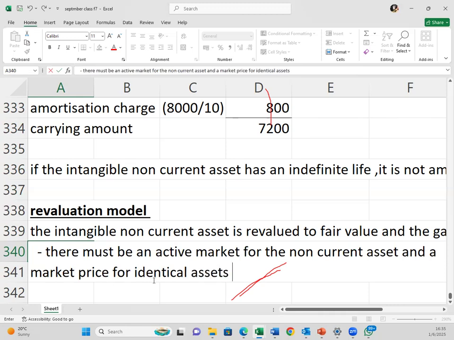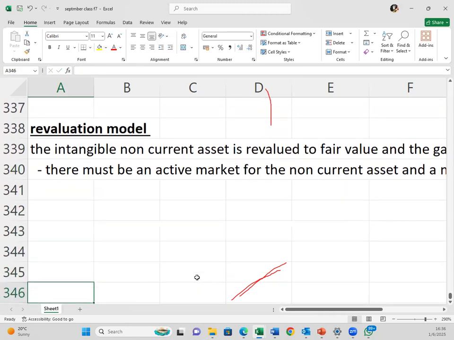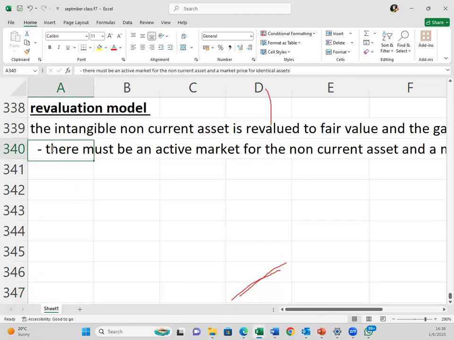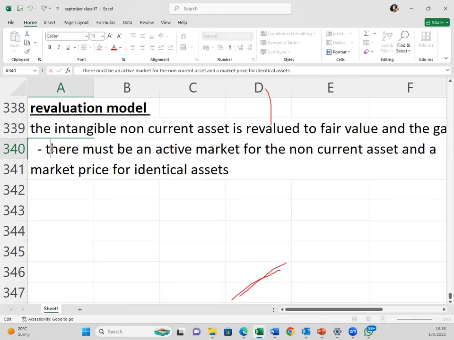Besides there being an active market, there must also be a market price.